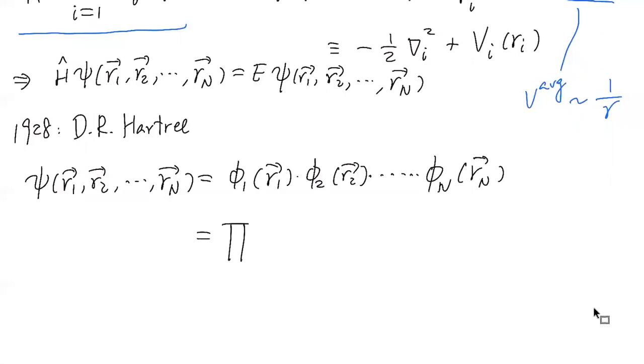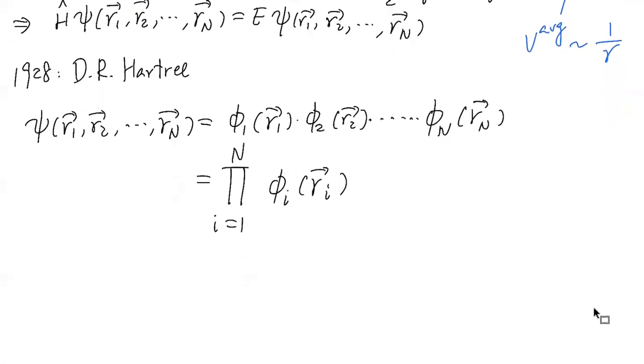When we talk about summation, we use sigma. When we talk about product, we use a capital pi. This is a product for an n-electron system. It contains n terms, and each term is phi i of Ri. Each independent single particle wave function only depends on the location of this particle i.